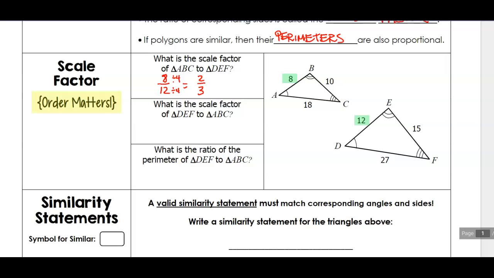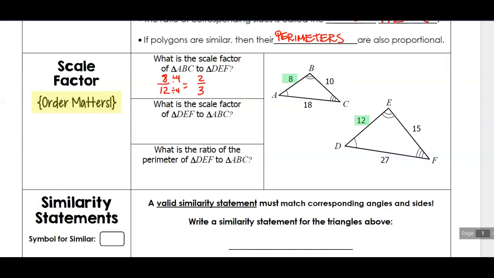So now, what is the scale factor of triangle DEF to triangle ABC? Now we're going to go the other way. We're going to start with a side from triangle DEF and then in the denominator, use the side from triangle ABC. All right, so we could use the same sides. Let's use a different pair of sides just to double check.